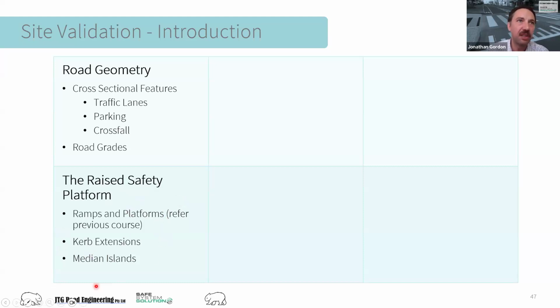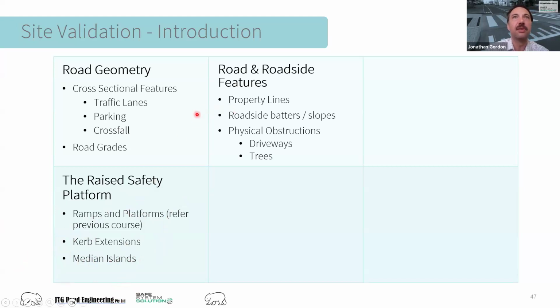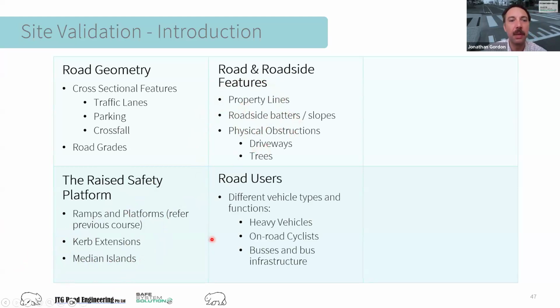But also curb extensions and median lines, which we've discussed. We're also talking about roadside features. So that's the property lines that we've introduced, but they can cause some challenges for our projects, and also the batter slopes and other obstructions. We're talking about road users and who's on the road and how we can manage on-road cycling, etc.